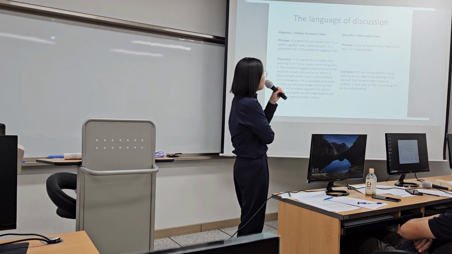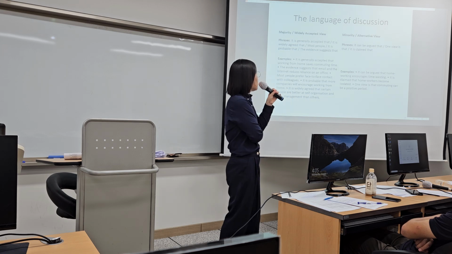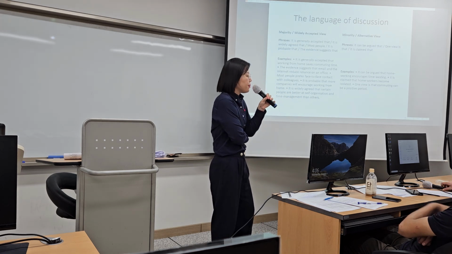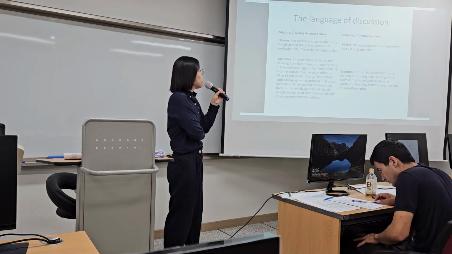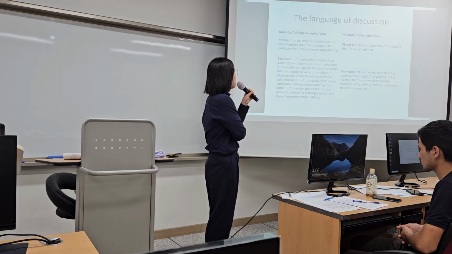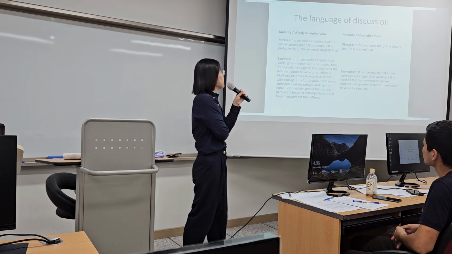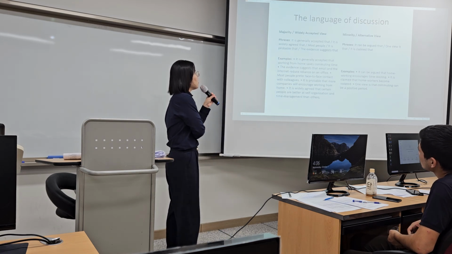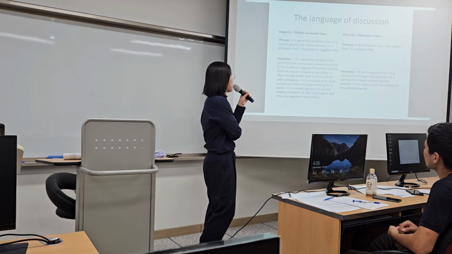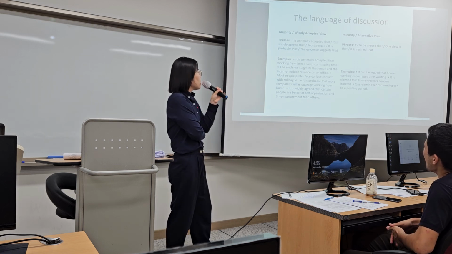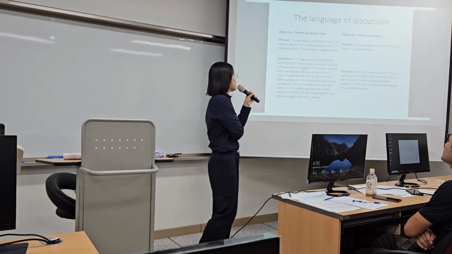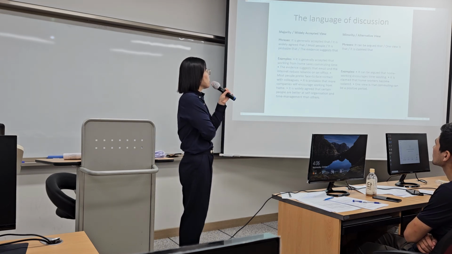If you write about majority or widely accepted views, you can use these phrases: it's generally accepted that, it's widely agreed that, most people, it's probably that, and the evidence suggests that. Then you can read the example sentences. It's generally accepted that working from home saves commuting time.